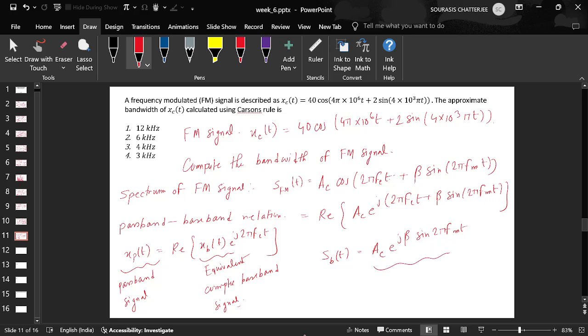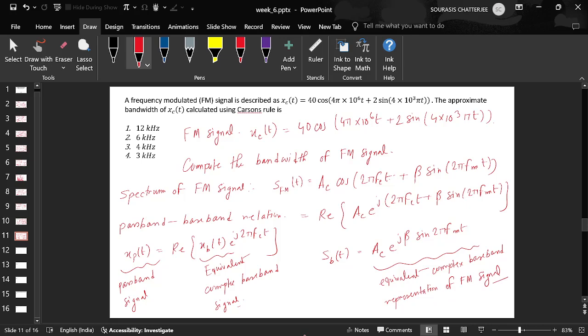So this is the equivalent complex baseband representation of the FM signal.